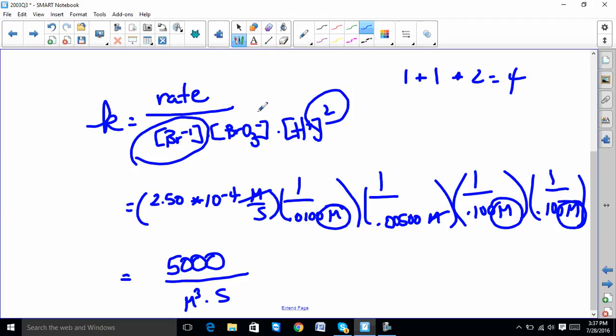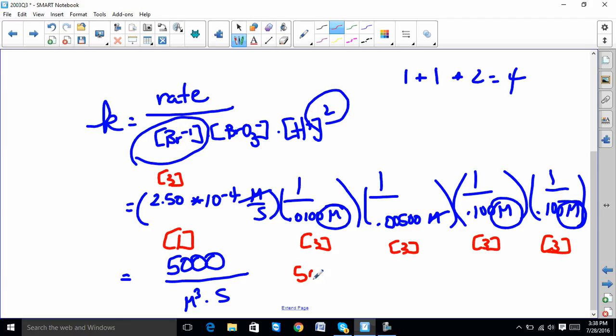Now the problem is, this has 3 sig figs, and this has 3, and this has 3, and this has 3, and this has 3, but this has 1. And if I write it like this, it has 4. And if I write it like this, it has 5, and we need it to have 3.